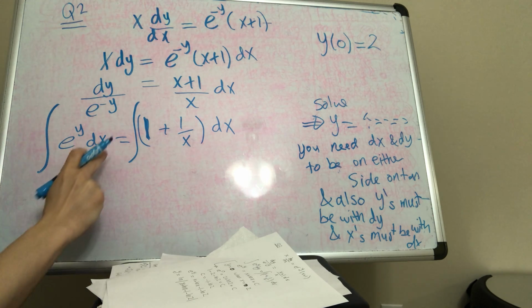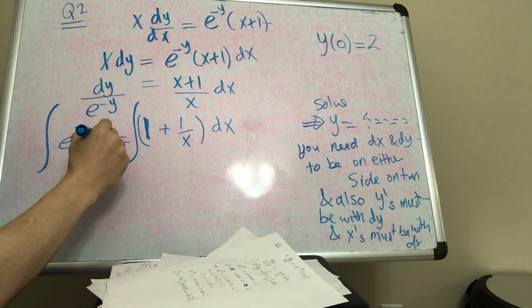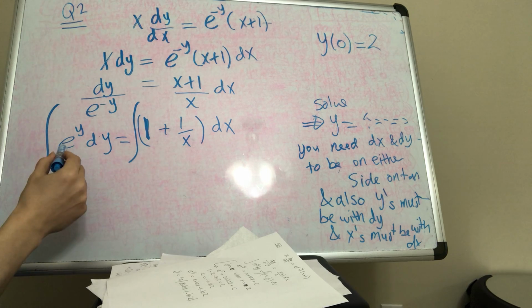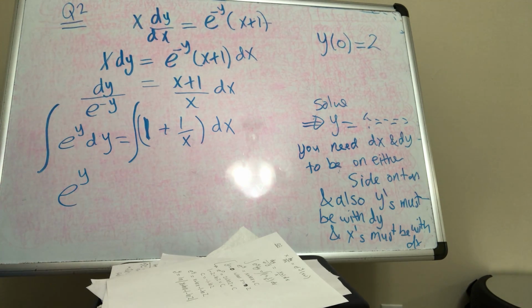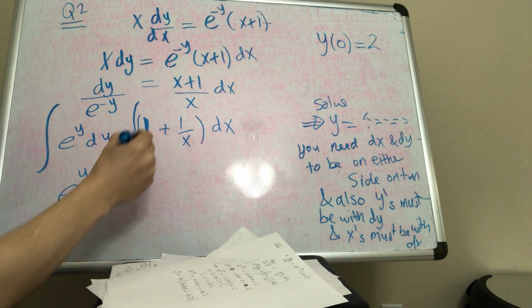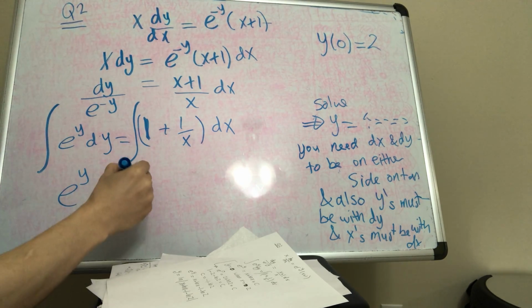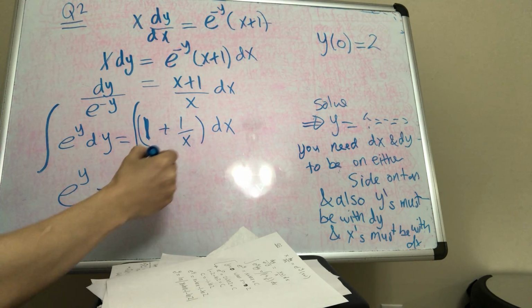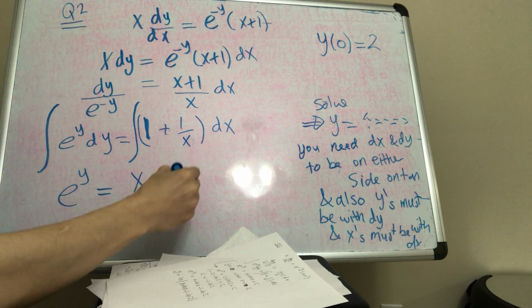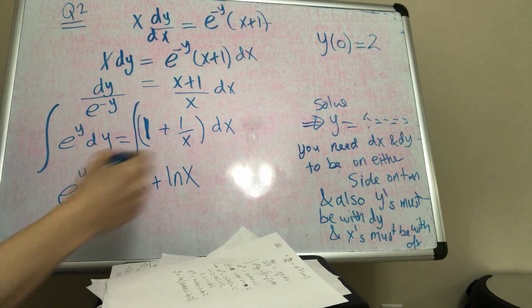This is dy. You know the integral of e to the y is e to the y. The integral of 1 is x. And the integral of 1 over x is ln x plus c.